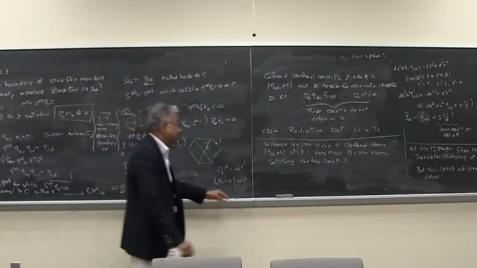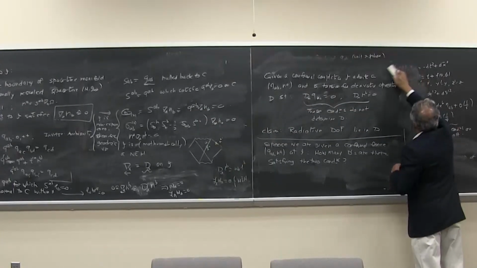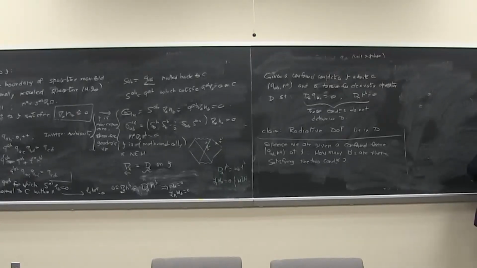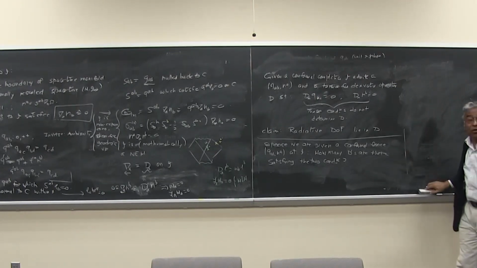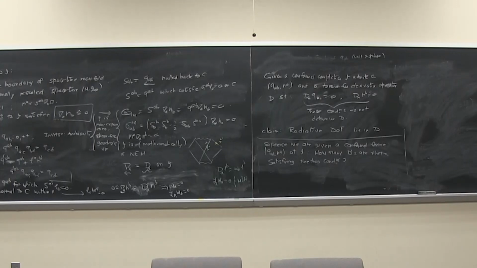They can contain the radiative information. Are there any questions? You see where we are going, right? So, how many derivative operators are there? That's what we now want to understand.